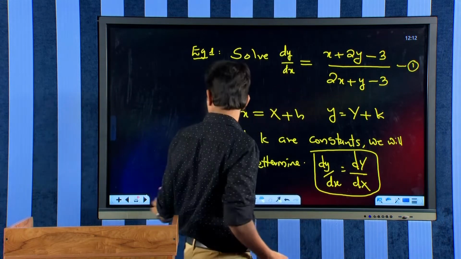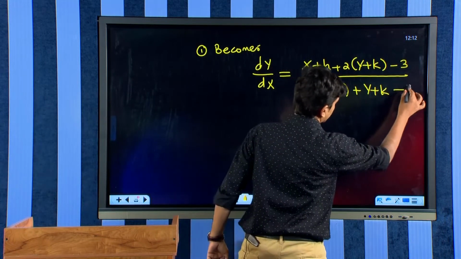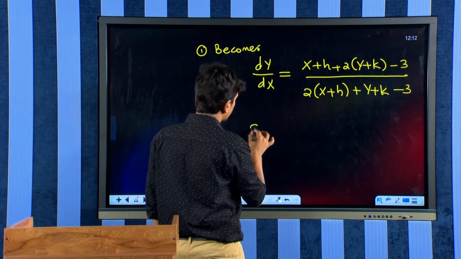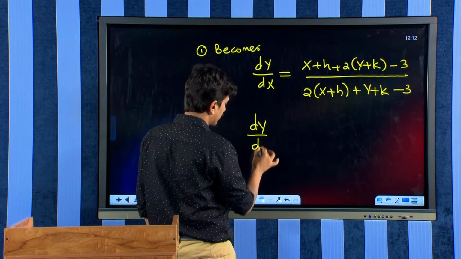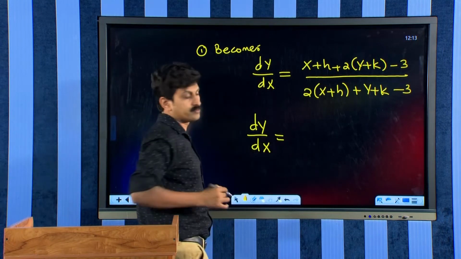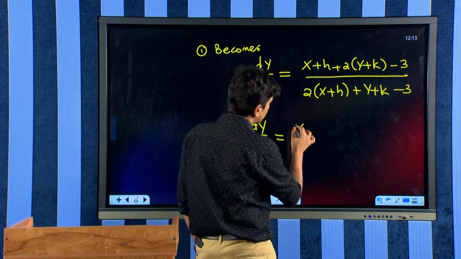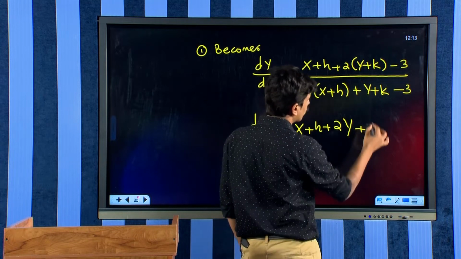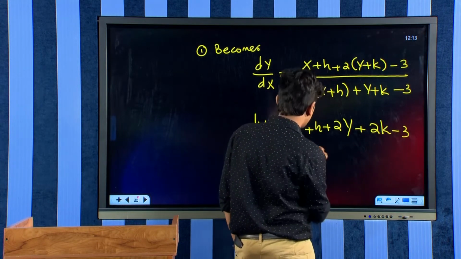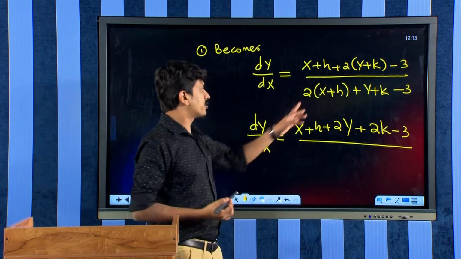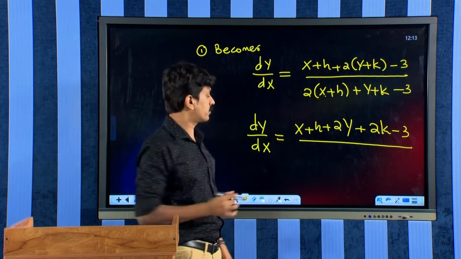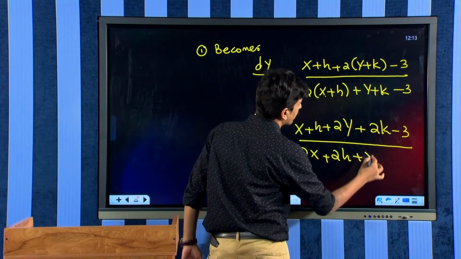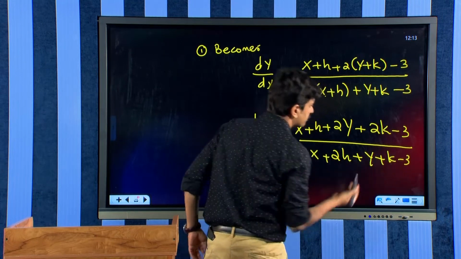Now I would like to rewrite capital dY by dX as (X plus h plus 2Y plus 2k minus 3) divided by (2X plus 2h plus Y plus k minus 3).